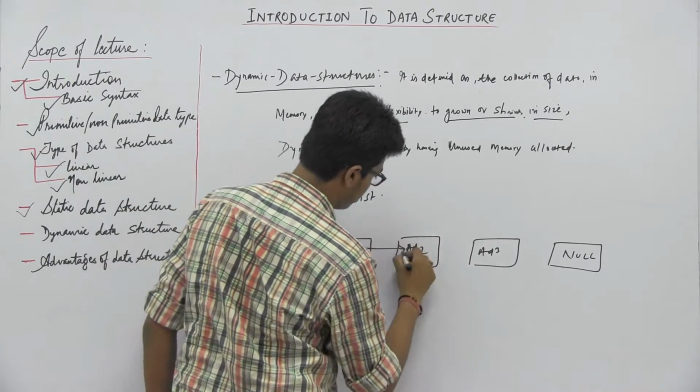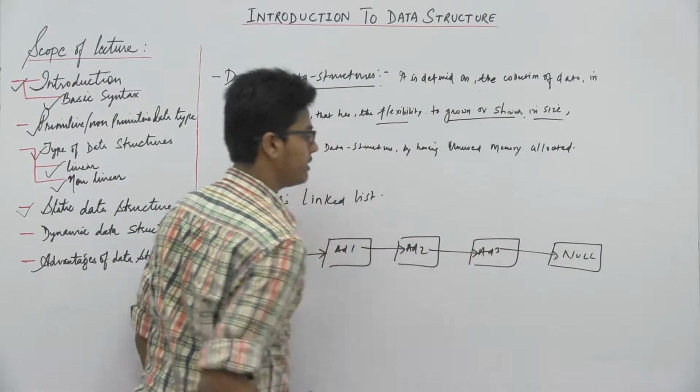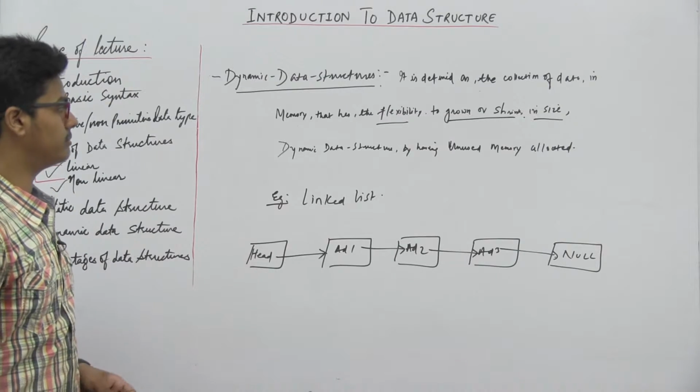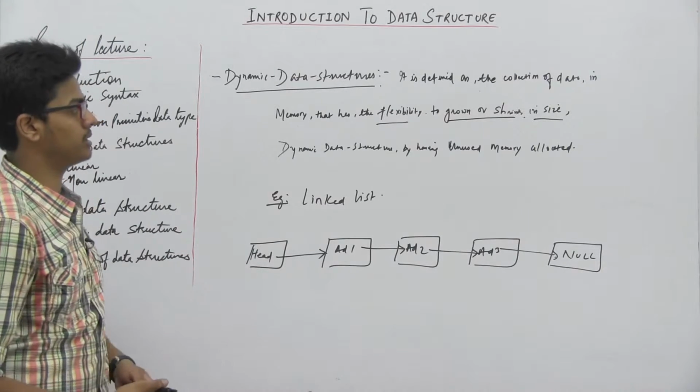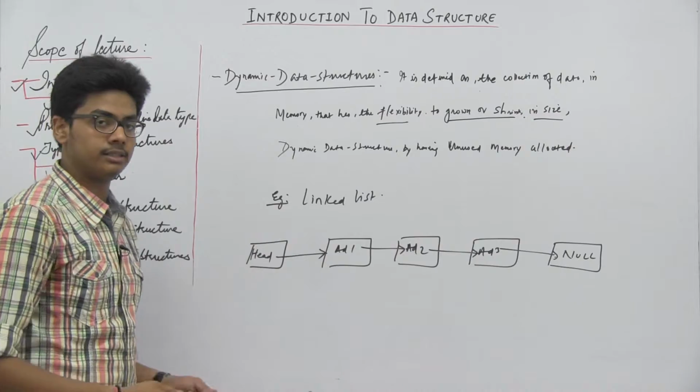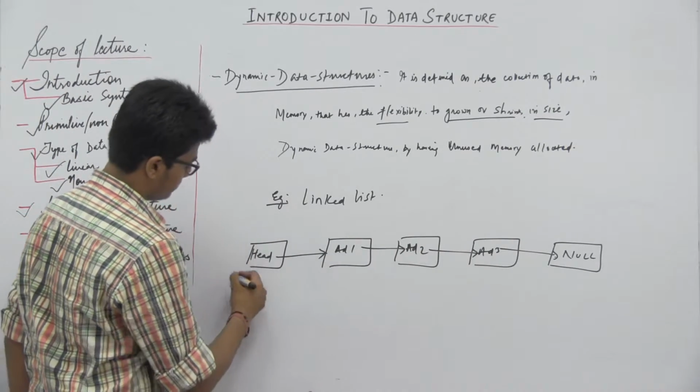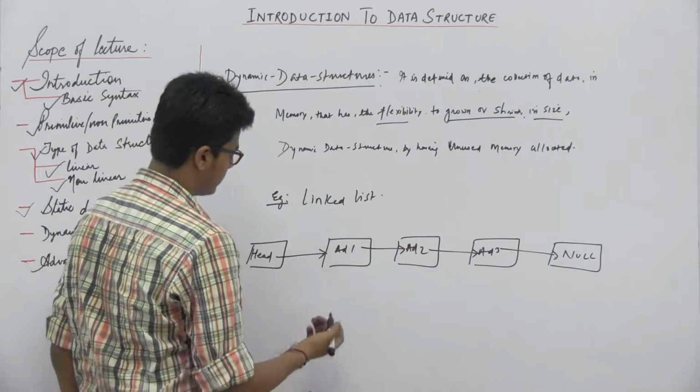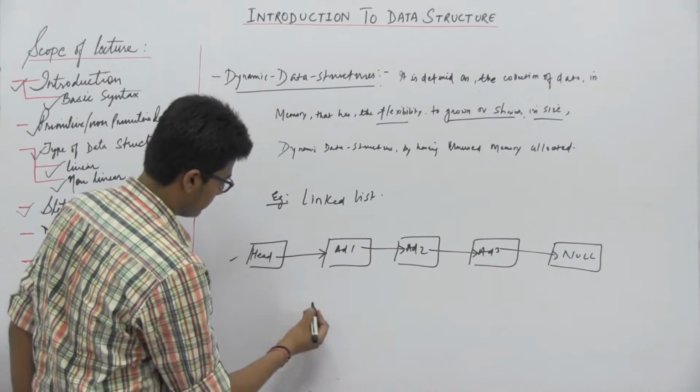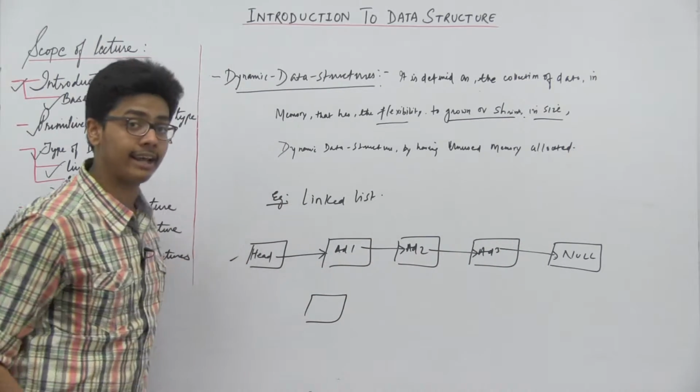So during runtime the linked list can shrink or change its size. Like suppose this linked list has a size of 6 elements, and then you introduce an element or delete an element, right?